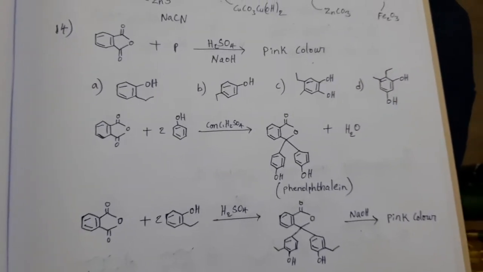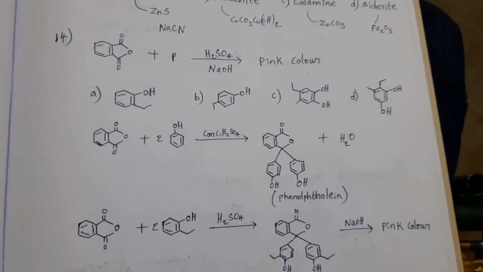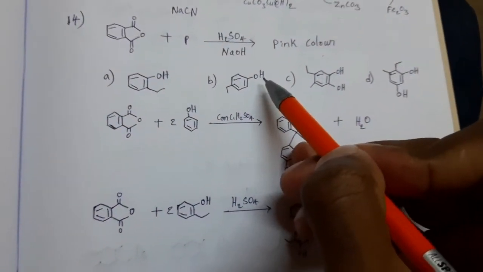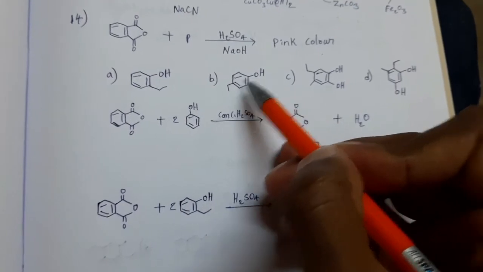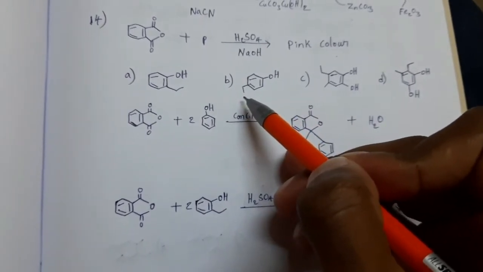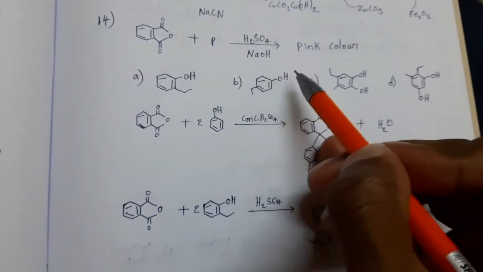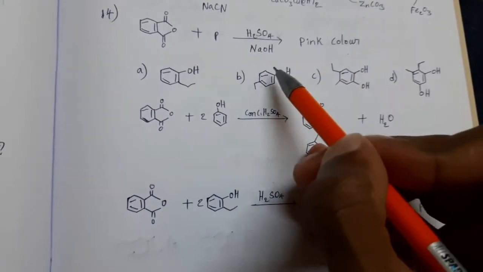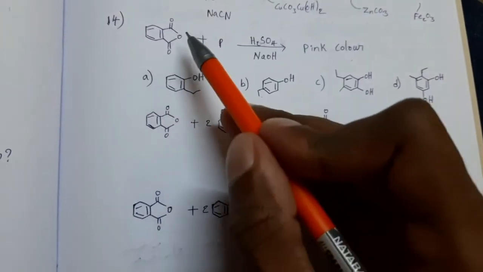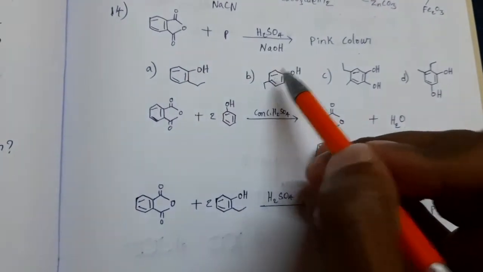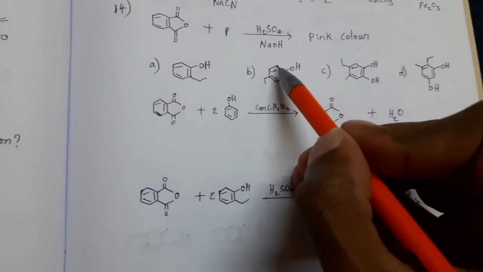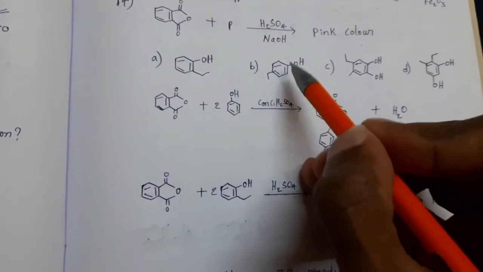Now you may get a doubt, why can't we take other options in place of P? See the other options. The OH group is an ortho para directing group. Already the para position is occupied by ethyl group. Coming to the ortho positions, phthalic anhydride can be bonded to this compound at the ortho position, either this or this one.